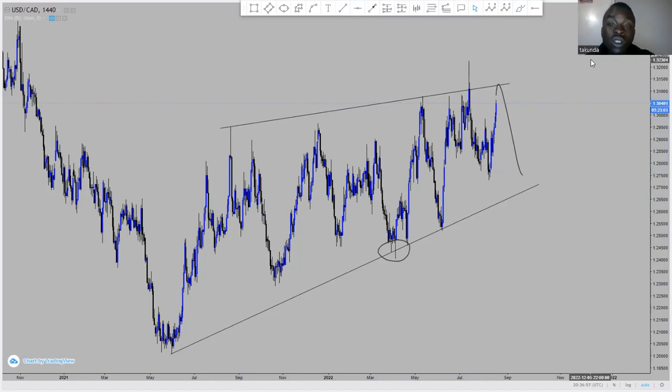Draw a trend line on top. So the way you draw that line, you're saying that maybe it may go up or maybe it may bounce back. Yes, the possibility is very high for it to bounce back.